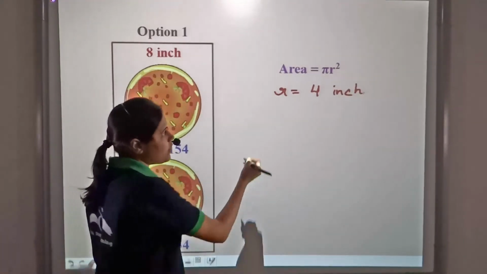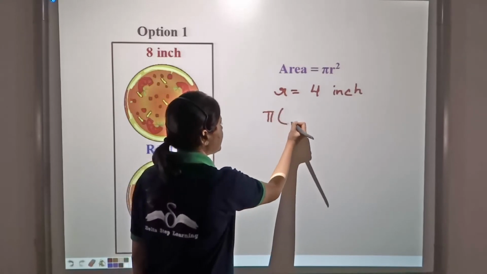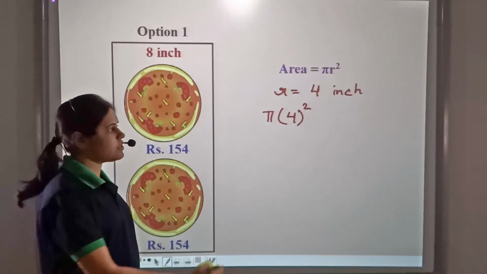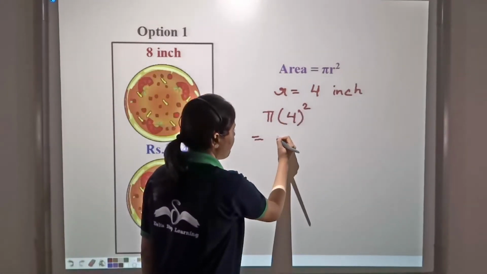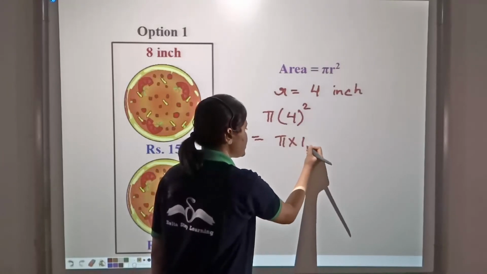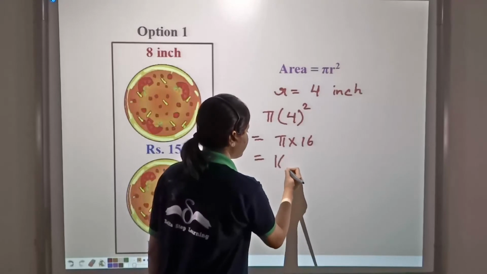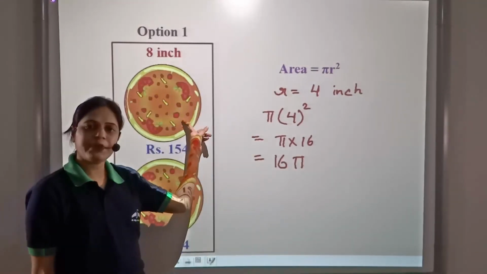And the area of one pizza will be pi into 4 square, because pi r square, which is equal to pi into 16, which is equal to 16 pi. This is the area for one pizza.